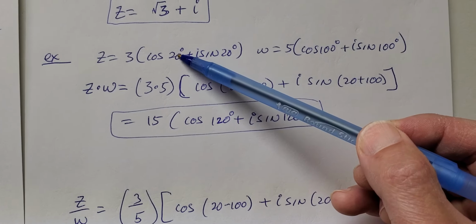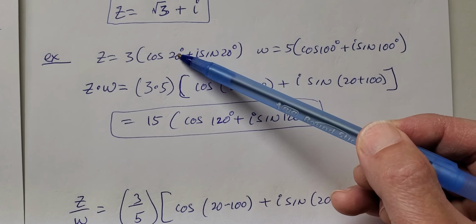First degree, second degree, just add them up. So 20 plus 100 is 120. Same thing over here, 120. So this is how you multiply polar complex form. The number outside, multiply. The degree inside, you add.